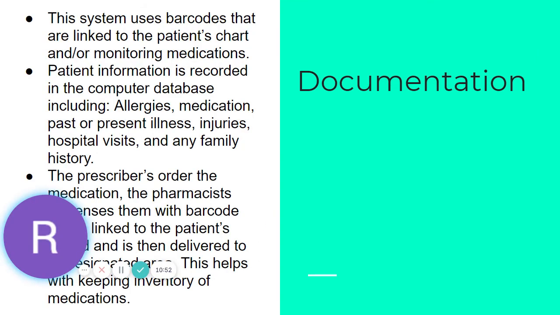The system uses barcodes that are linked to the patient's chart for monitoring their medications. Patient information is recorded in the computer database, including, like we said previously, allergies, medications, past or present illnesses, injuries, hospital visits, and any family history.